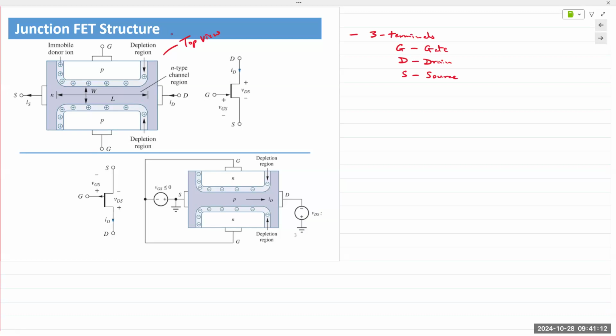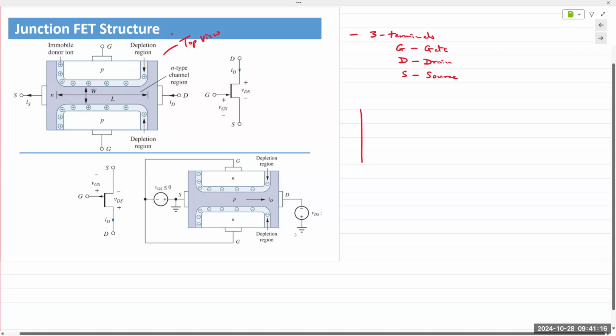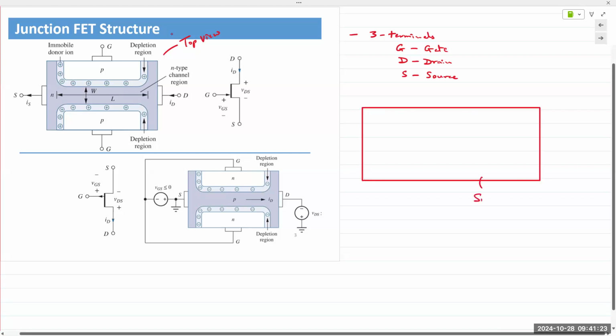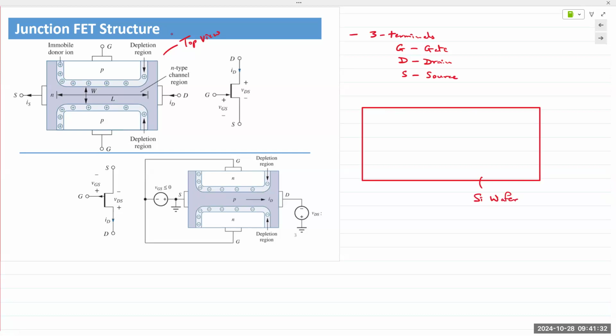So typical construction would look like this. You'd have a silicon wafer, a silicon wafer with some intrinsic concentration. And then we would implant, we would create either an N-type or P-type structure inside our silicon wafer.